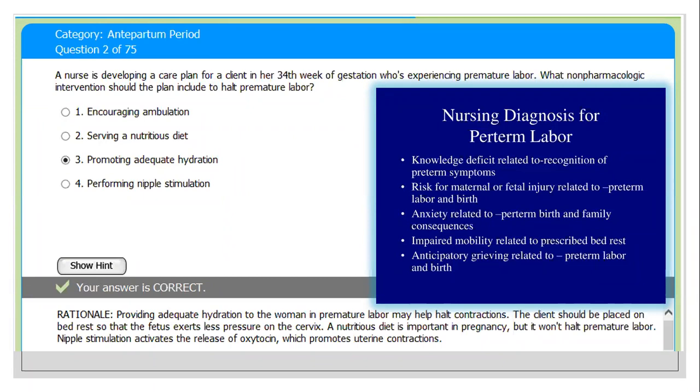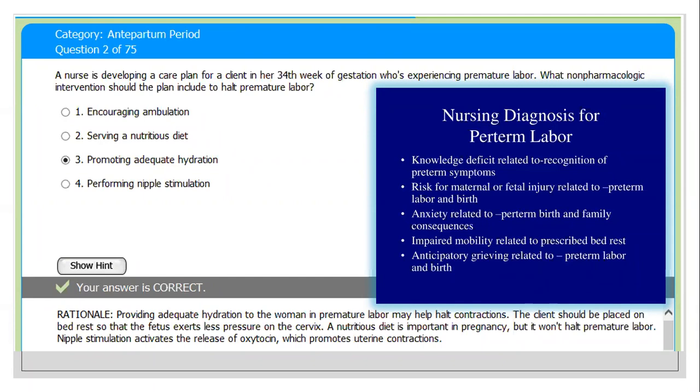Preterm labor occurs when regular contractions open your cervix after week 20 but before week 37 of pregnancy. Preterm labor can result in premature birth.